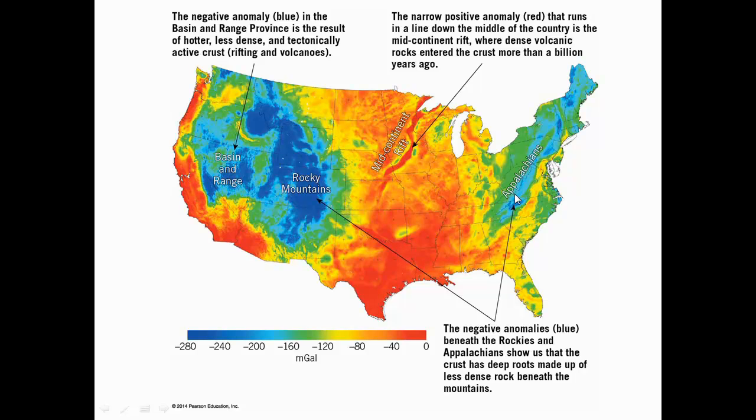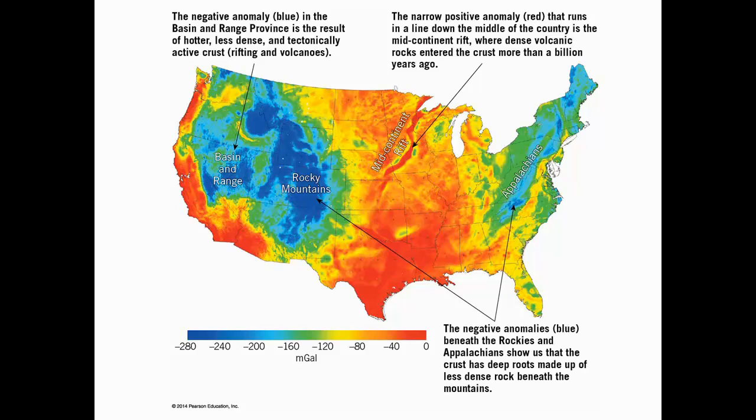And then to the right, within the Appalachian Mountains, we see the negative anomalies, the blues, beneath the Appalachians, again telling us that the crust has very deep roots made up of less dense rock beneath the mountains.